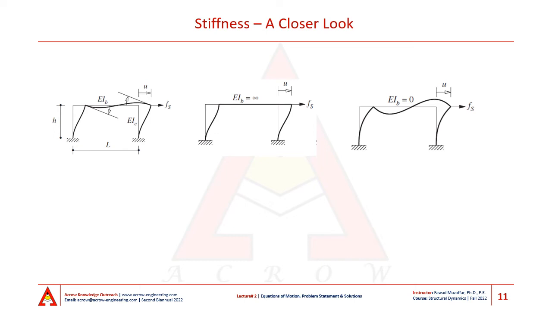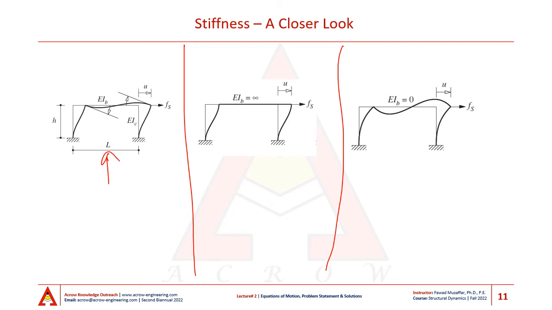Now let's look at a frame and consider two extreme scenarios that are sometimes possible. Usually, our frame consists of beams and columns, both of which are flexurally flexible.